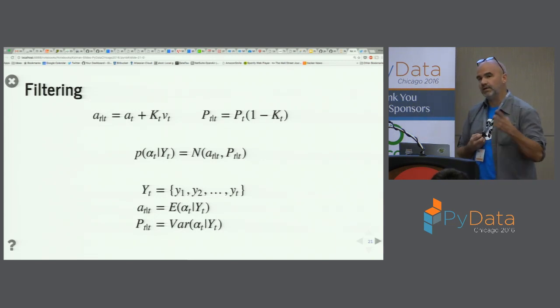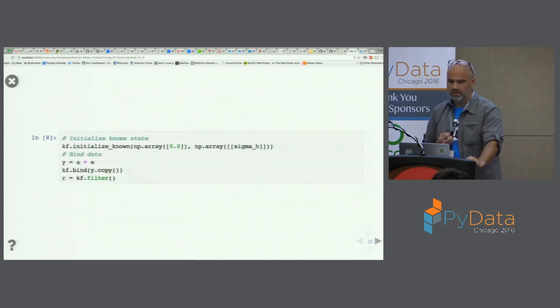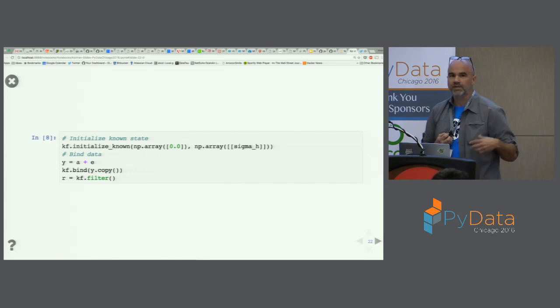So on that slide earlier, we talked about filtering, and basically filtering is, again, the idea of trying to find a better estimate for the current state given the latest observation. What you're really trying to find is this conditional distribution. So if we just use our Kalman filter model that we used before, I'm going to cheat and initialize the initial known state to something that I already know.